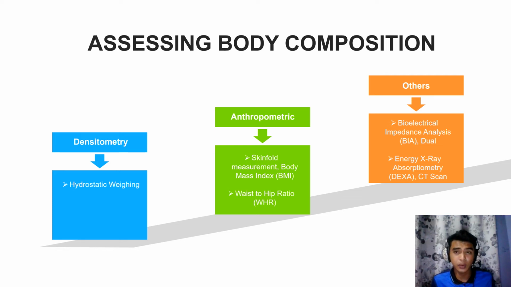And for the other, we have bioelectrical impedance analysis that we call BIA, dual energy X-ray absorptiometry that we call DEXA, and CT scan. Now we go to the next slide.